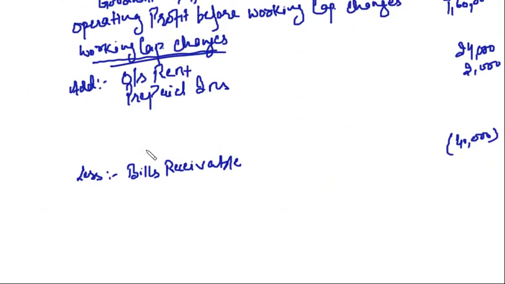Increase in current assets, we will subtract because current assets move in opposite direction. So I will say inventories will be again 40,000. Clear?